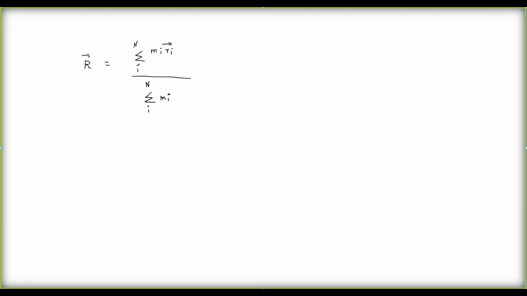Okay, so from the denominator, the summation of mi over n can be written as M, which is the total mass.